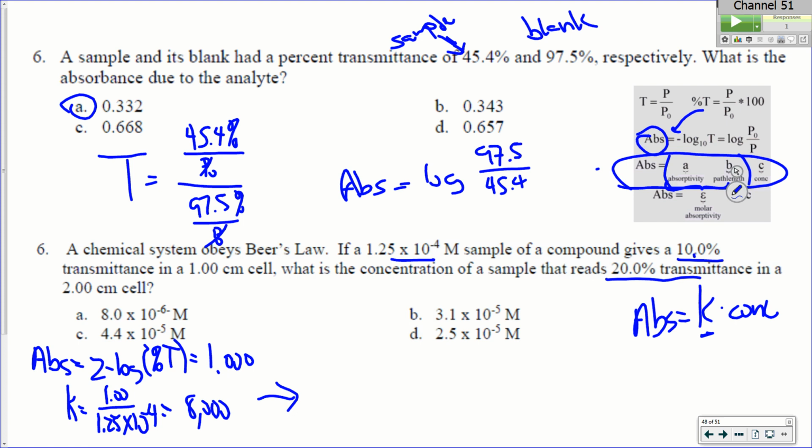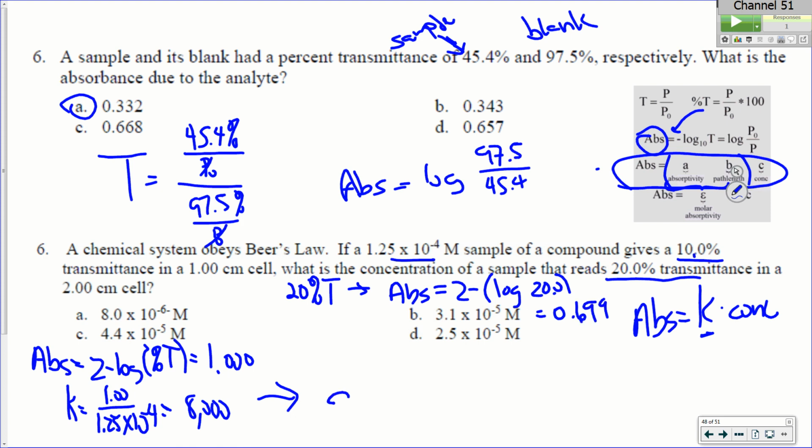So I know my unknown, if I look at the absorbance of the 20%, so 20% T means the absorbance is equal to 2 minus the log of 20%. So we'll find out what that is. So 2 minus 20% log. So that's equal to 0.699.